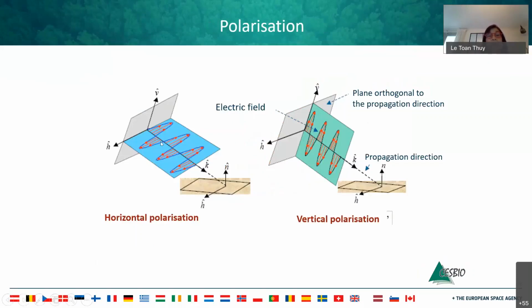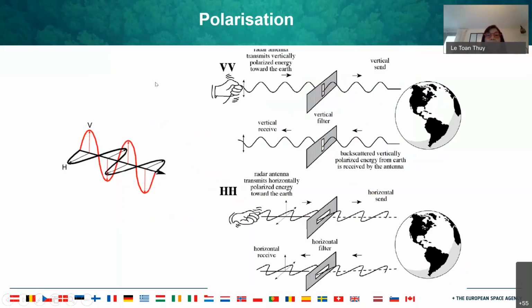This is the horizontal, the wave goes like this, and vertical like this, to look at the Earth. And I found something easier to explain: we transmit from the radar antenna.